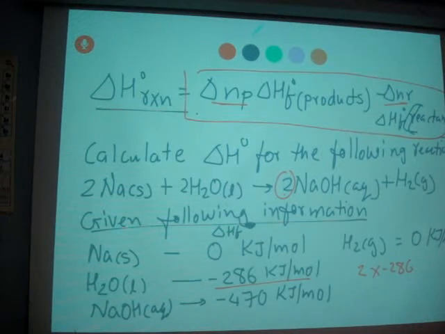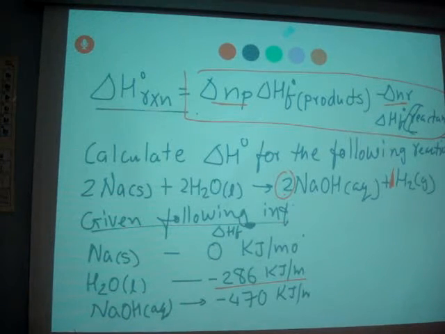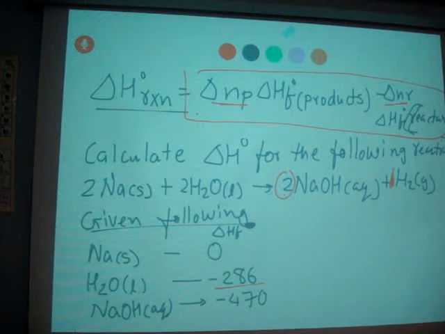Then for the products we also have 1 mole of H2, but that's 0. So we add them first for the products and then the reactants. Let me erase this part so we can work on it. You know that H2 gas is 0 kilojoules per mole, right? I'm going to clear up kilojoules per mole so we have enough room.